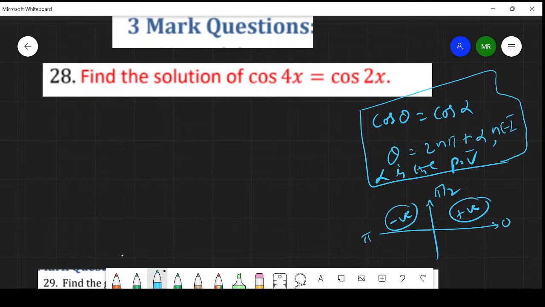Now coming to the given problem, cos 4x is equal to cos 2x. We can compare: in the place of alpha, 2x is given.